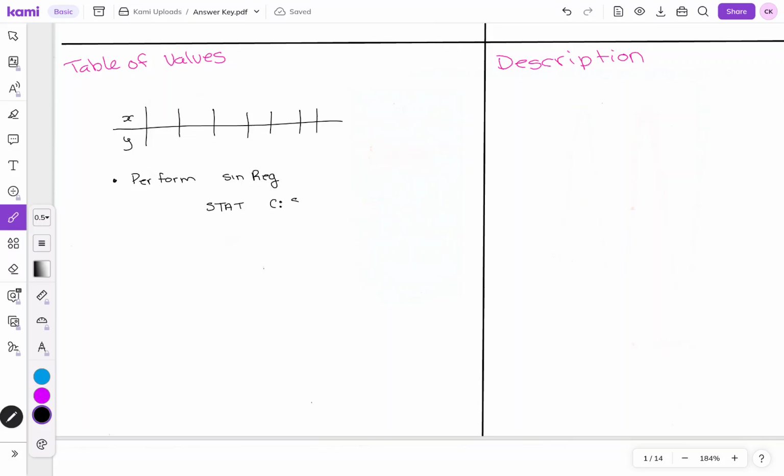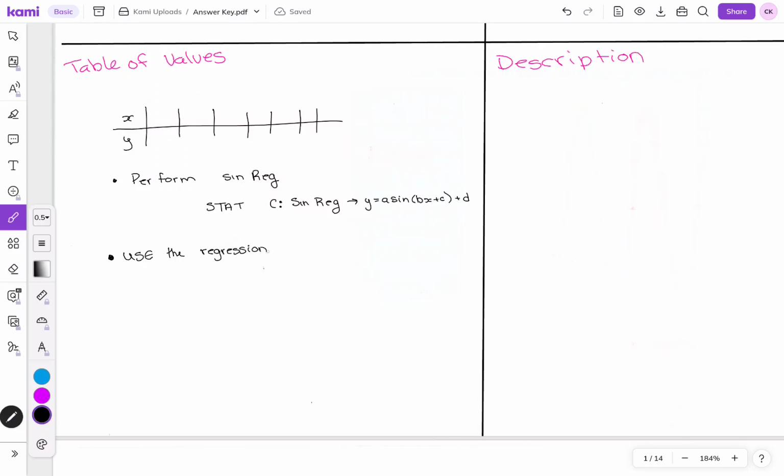It's the C. And it's going to pop out your equation, just like that. And then this is again where people had issues on the quiz. Use the regression to solve the problems.